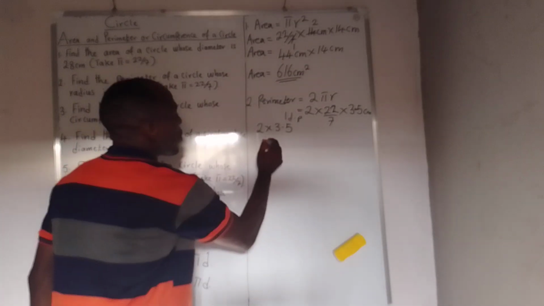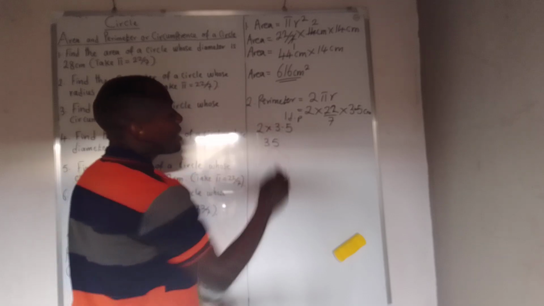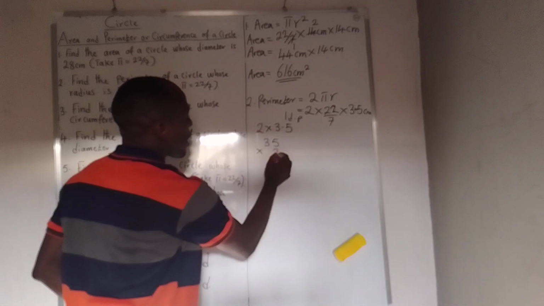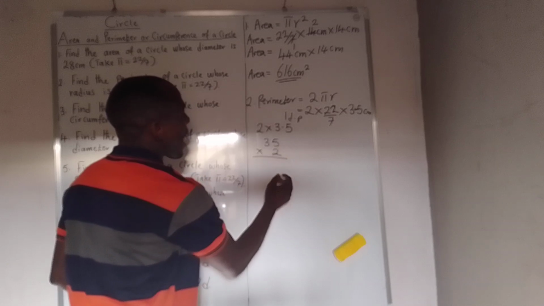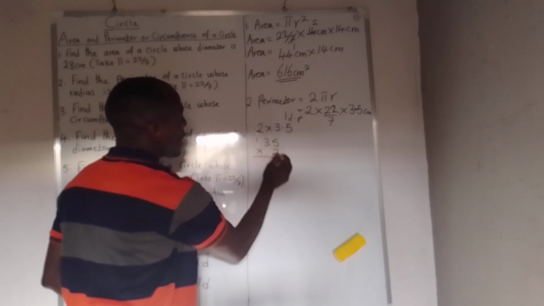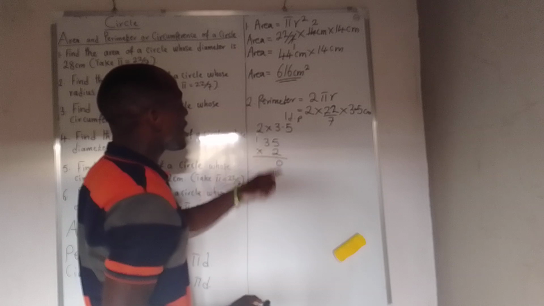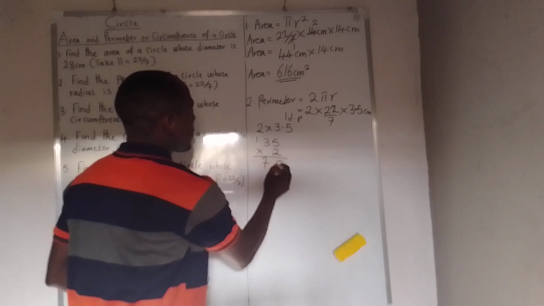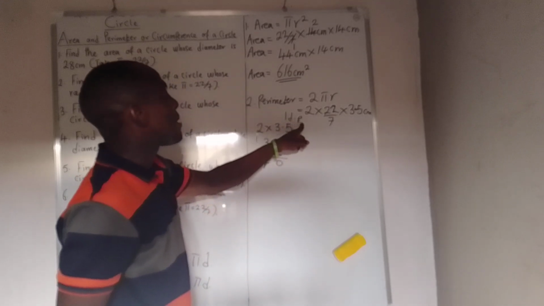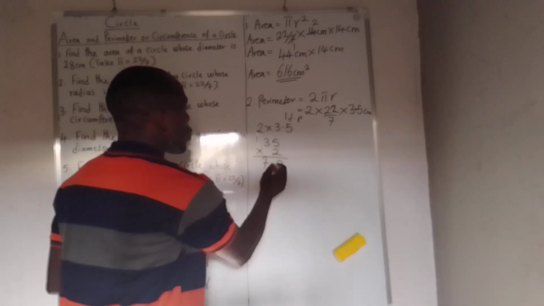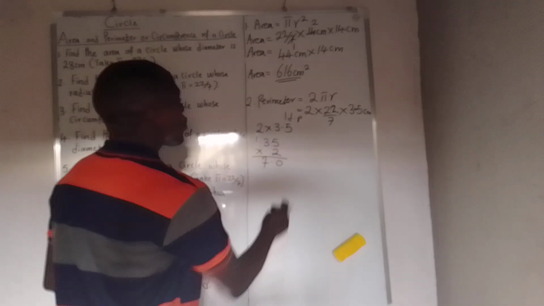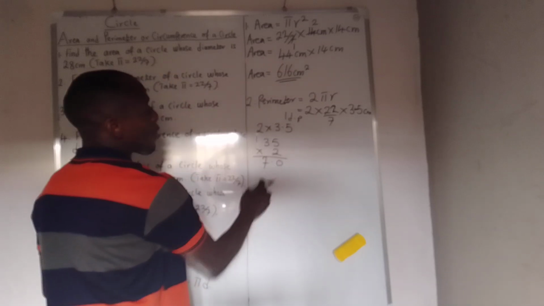So we have 35 multiplied by 2. 2 times 5 is 10, you write 0, carry 1. 2 times 3 is 6 plus 1, 7. Now remember, we have one decimal place here, so we return the decimal point, which gives 7.0. So 2 times 3.5 is 7.0.